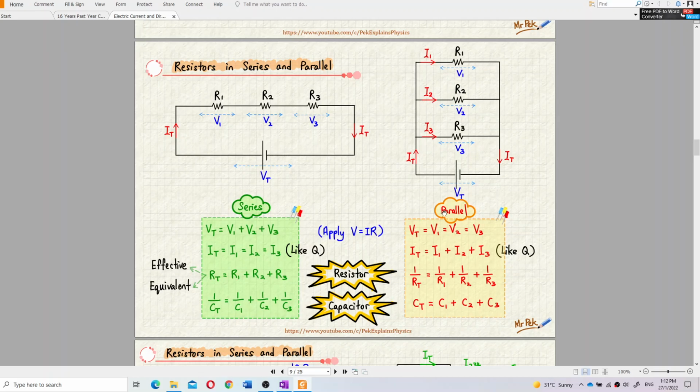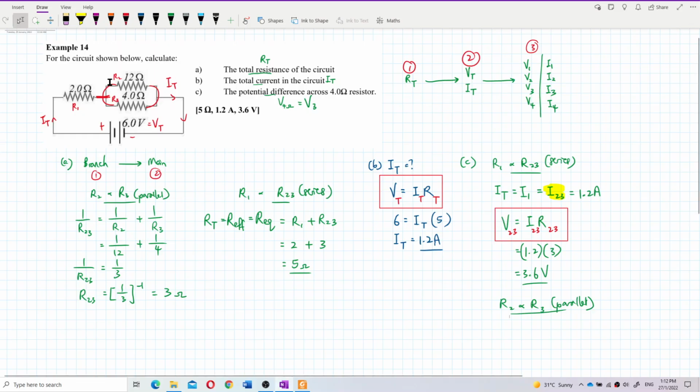Right now 2 and 3 are parallel, meaning they have the same voltage as V23. So I can say that V23, the total voltage between 2 and 3, is equal to the voltage across 2 and also equal to the voltage across 3, because parallel resistors have the same voltage.